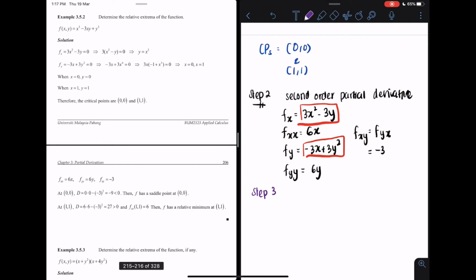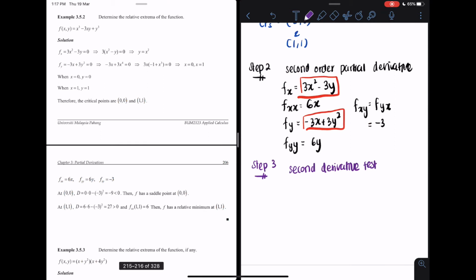Step number 3 will ask you to determine the second derivative test. So you simply put it into the formula of the second derivative test, such as D is equal to fxx fyy minus fxy squared.